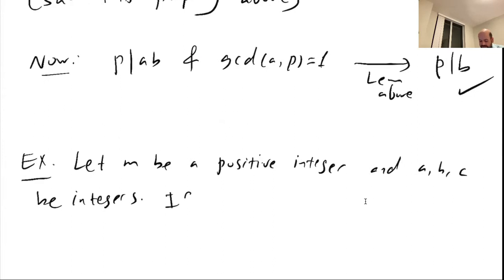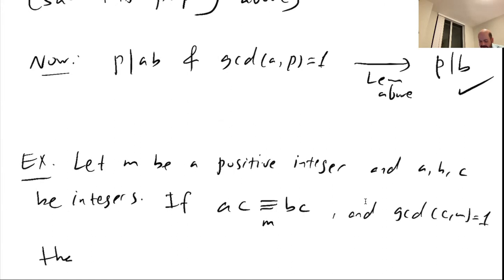If AC congruent BC mod M and GCD of C and M is 1, then A congruent B mod M.